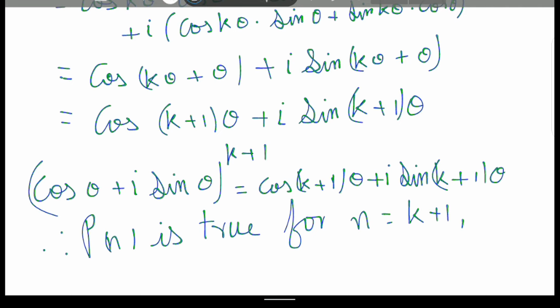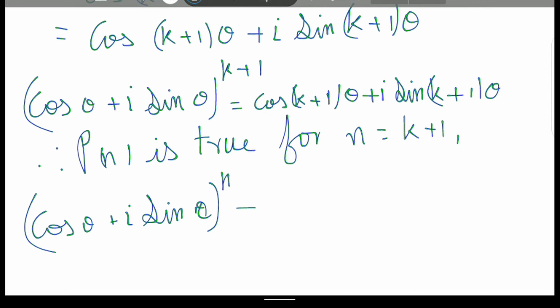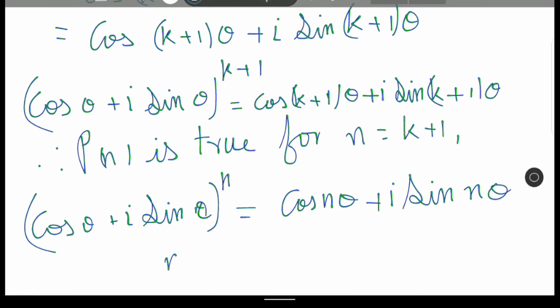Hence, by the principle of mathematical induction, (cos theta plus i sin theta) whole thing to the power n equal to cos n theta plus i sin n theta, and your n can be 1, 2, 3, and so on.